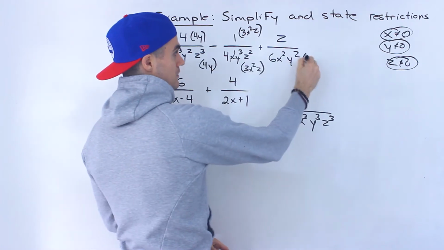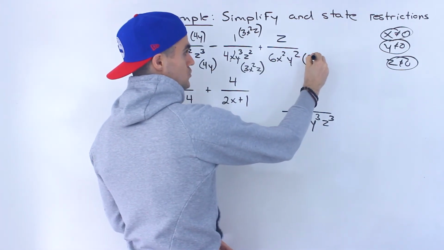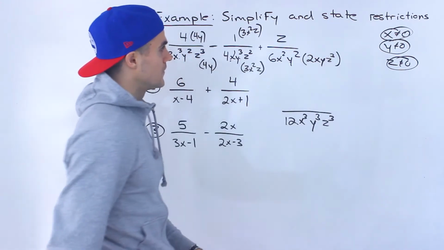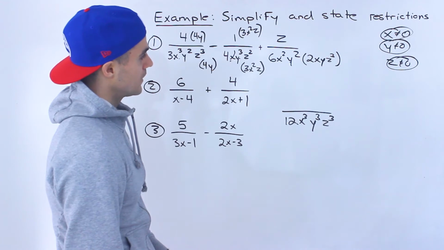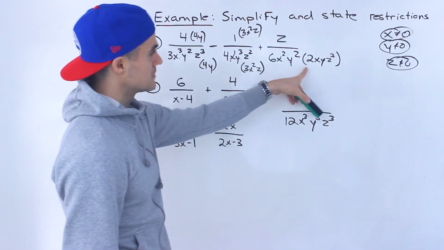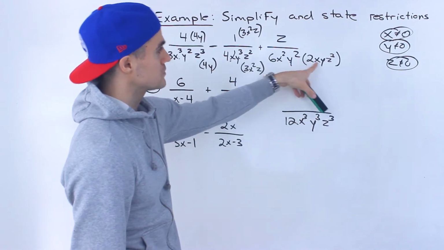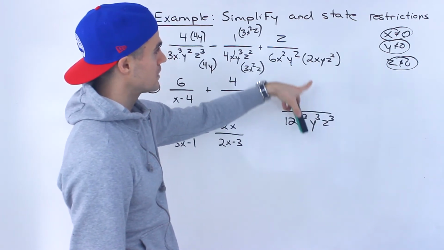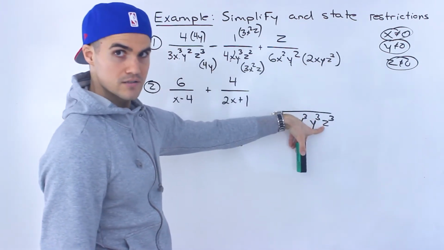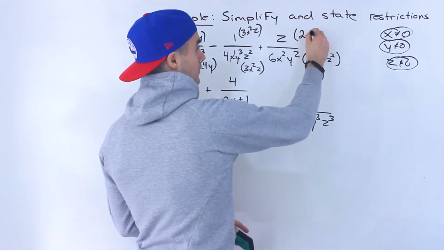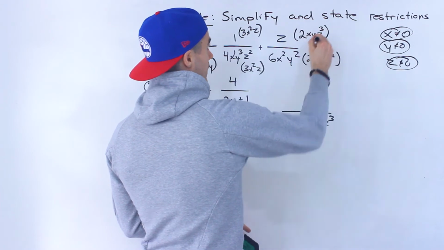And then this here, we have to multiply by 2x, y, z to the 3. Yeah, 6 times 2 is 12. X to the 2 times x is x to the 3. Y to the 2 times y, y to the 3. Then z to the 3 to get that. Meaning we have to multiply this top here by that expression as well.